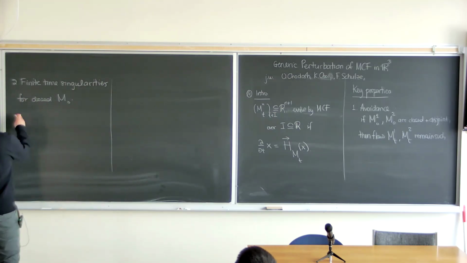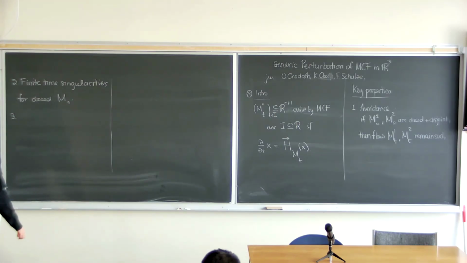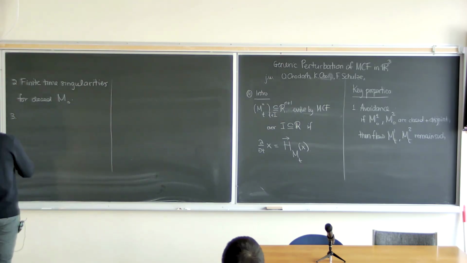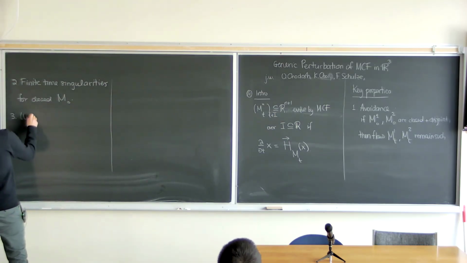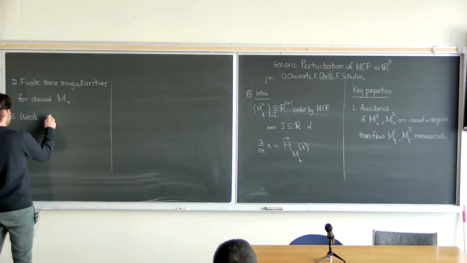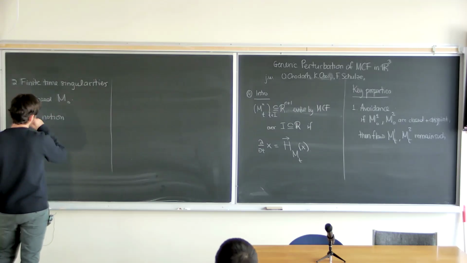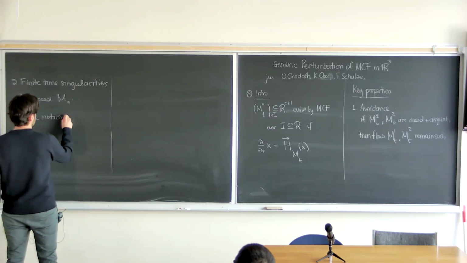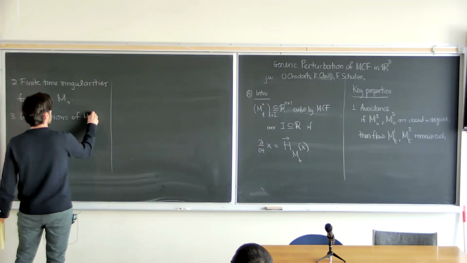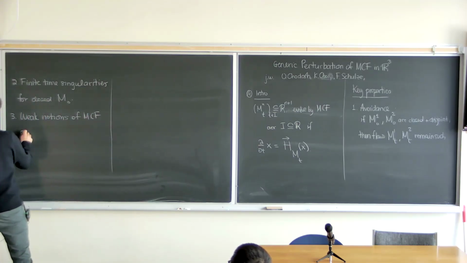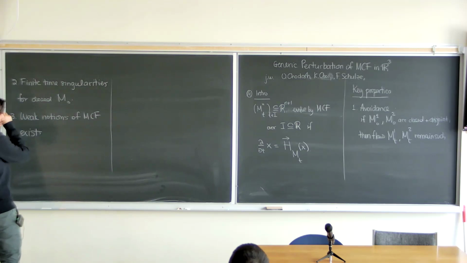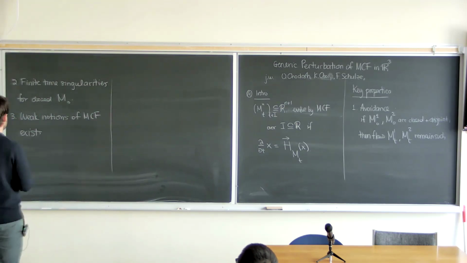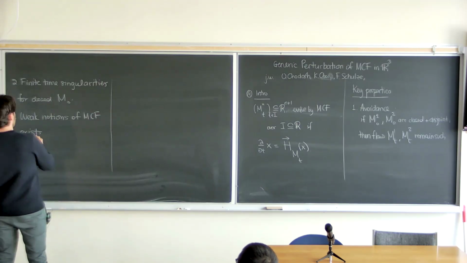So we will need a weak notion of flows, and there are various ones for mean curvature flow. Today I'll just assume one such measure theoretic notion. We'll pretend that it's a flow through hypersurfaces, but really it's a measure theoretic version of that, and keep track of the measures correctly.